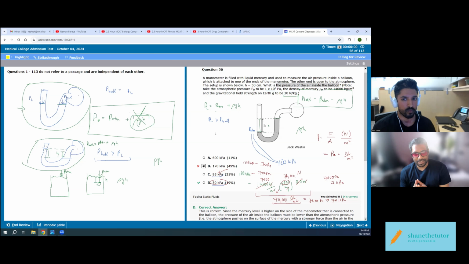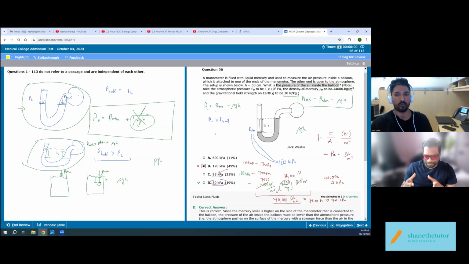At the same time, the questions on the MCAT won't be simple plug and chug. If you're looking at this and thinking, okay, I have height, I have pressure of the atmosphere, I have density of the mercury, what equation do I use? That's not going to be sufficient. You want to first be able to understand what's happening conceptually. Before we did any numbers or math, we were able to determine that the pressure of the balloon is smaller than the atmospheric pressure, and that enabled us to get rid of A and B, which 60% of people chose.